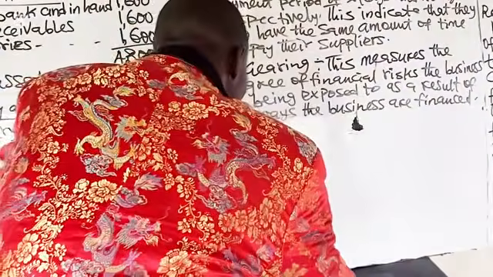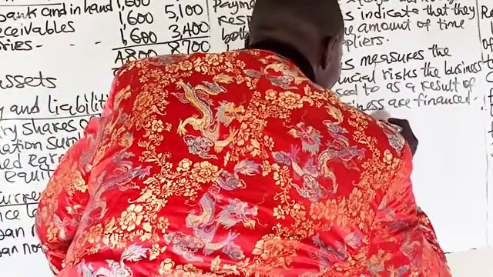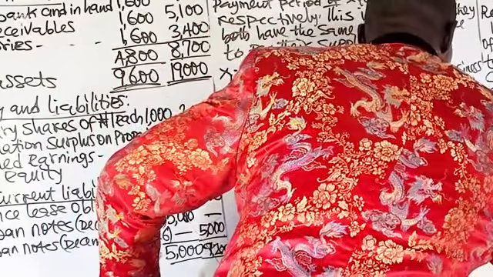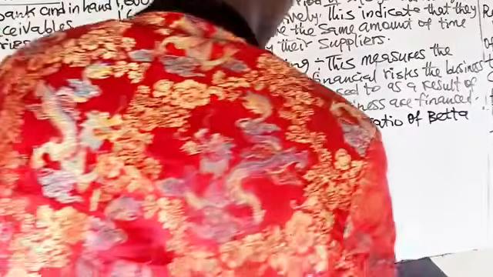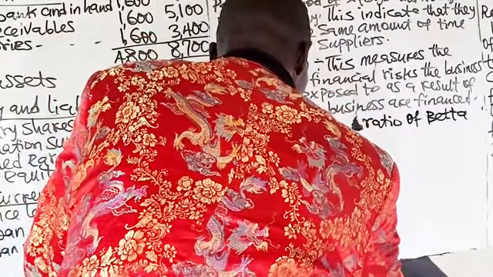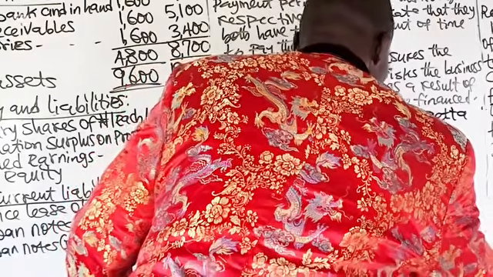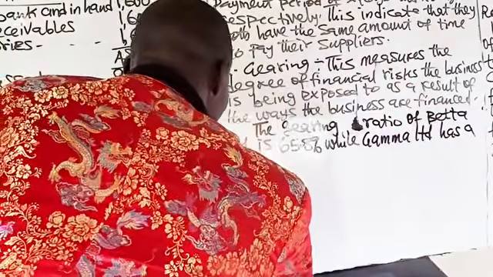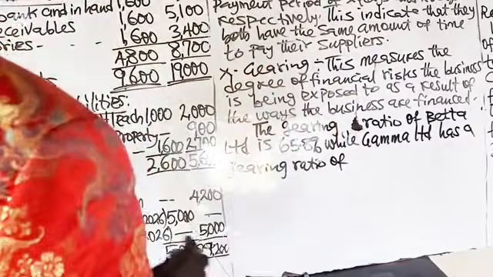The gearing ratio of Beta Limited is 65.8%, while Gamma Limited has a gearing ratio of 64.6%.